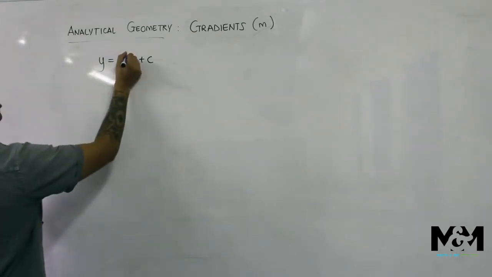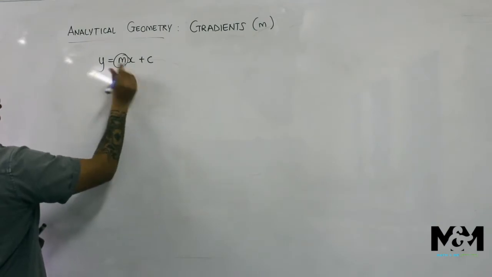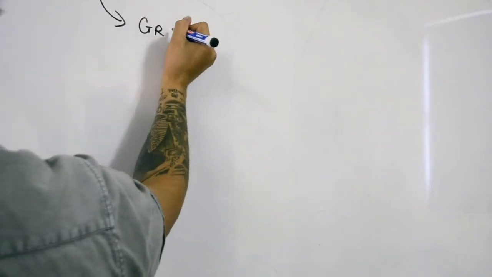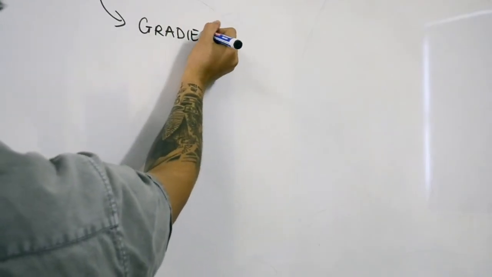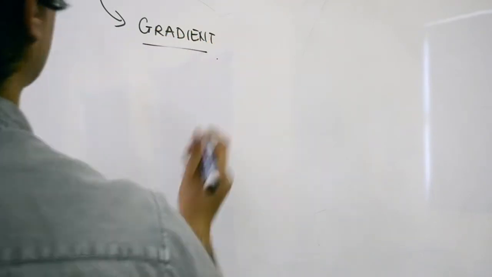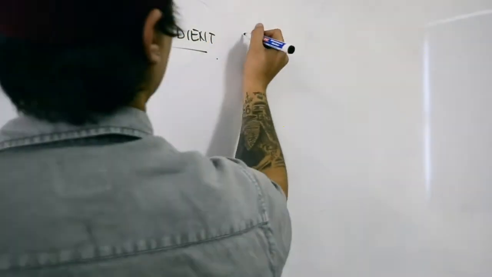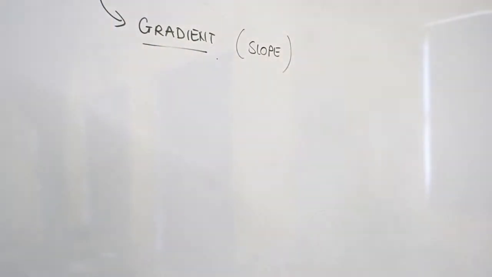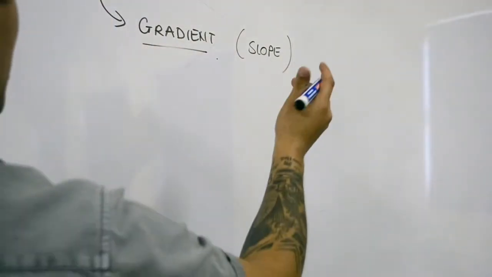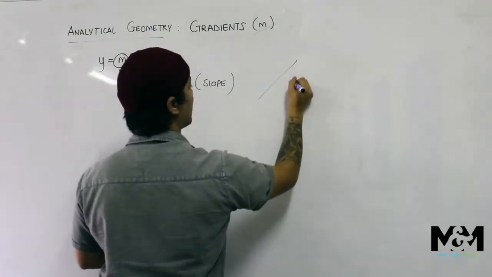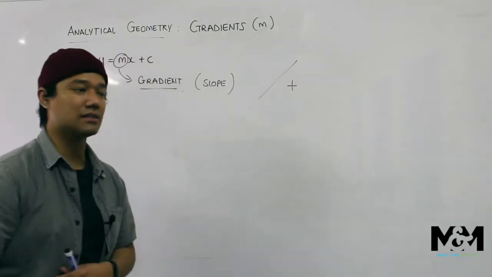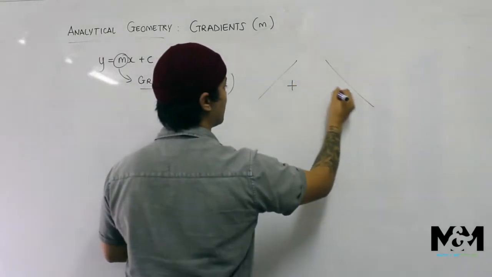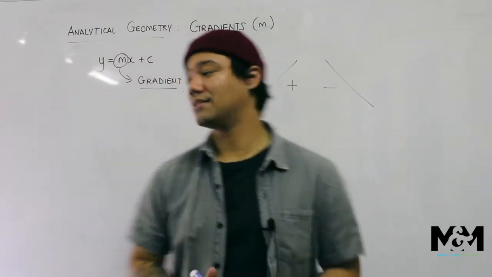We will always find m first, and m is my gradient. Gradient is also just the slope of the line, how steep a line is. If gradients go that way, we're dealing with positive gradients. If gradients are going that way, we're dealing with negative gradients.